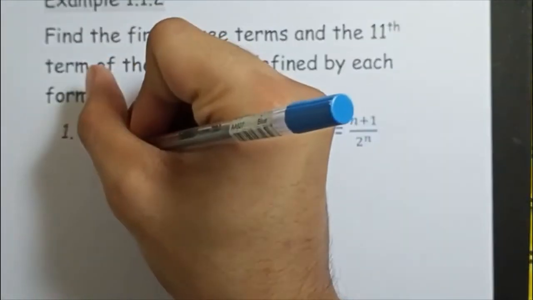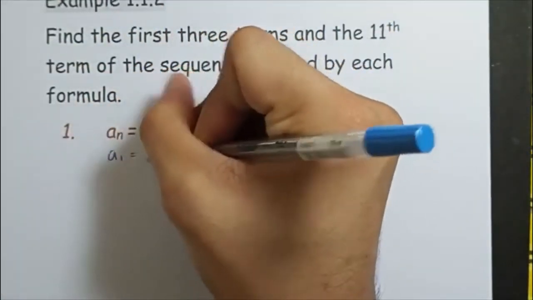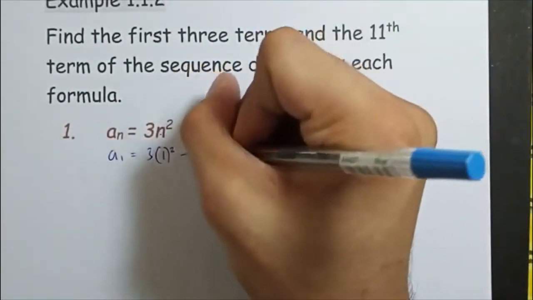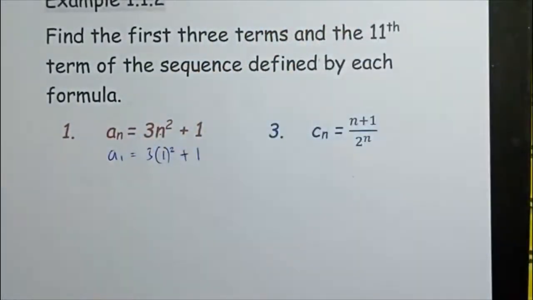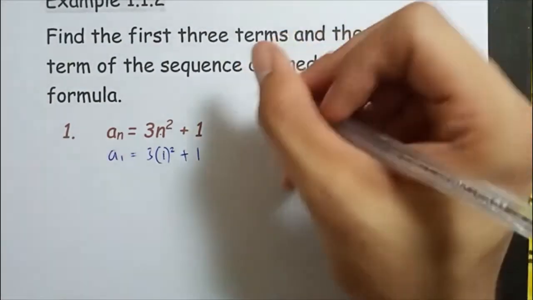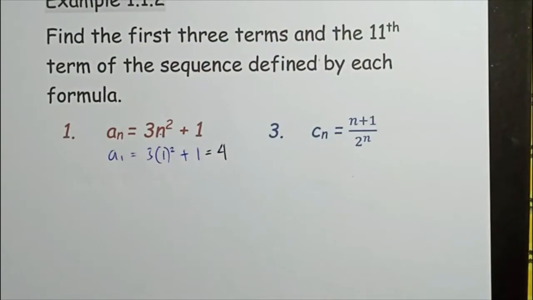Siyempre, first term natin is a sub 1. A sub 1 equals 3 times 1 squared plus 1, kasi nga yung n papalitan ng 1. So, 3 times 1 squared is still 1. So, 3 times 1 is 3 plus 1 equals 4. So, 4 yung first term natin.